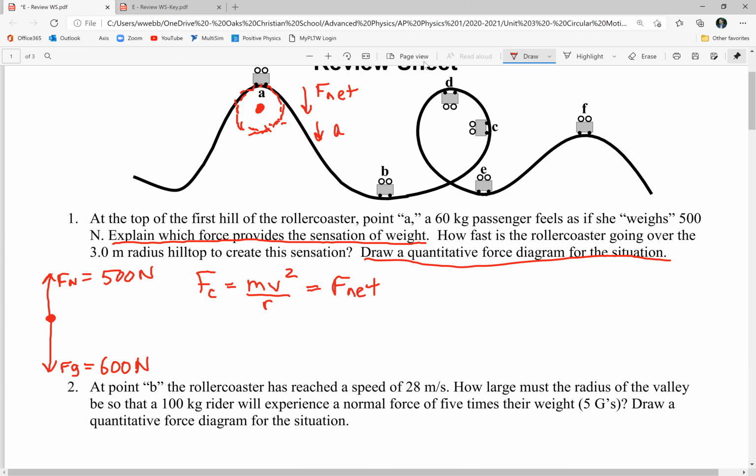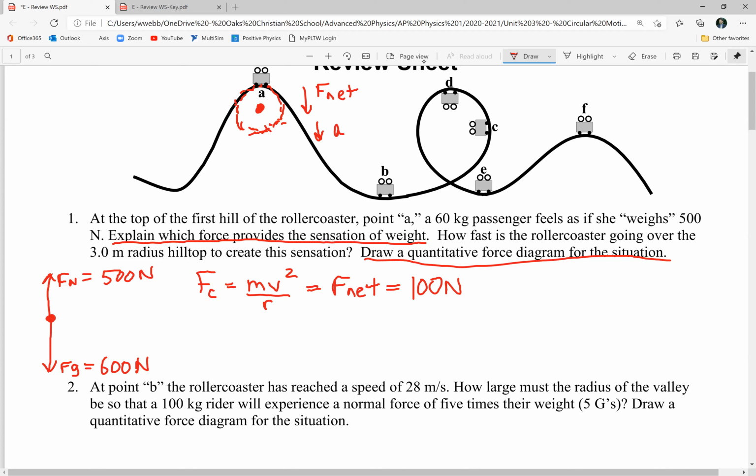What is it? 100 newtons. Yeah. So we know the net force is 100 newtons, and that is also the centripetal force, which would be mv squared over r. Do we know the mass? Yes. Do we know the radius?